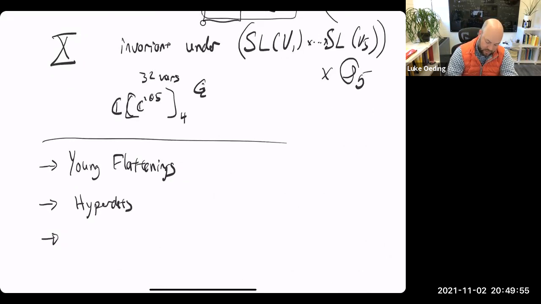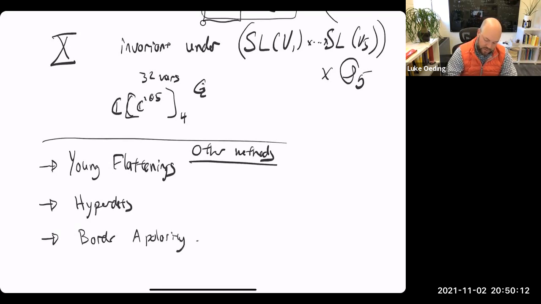There's other ways that you can compute Young flattenings, and there's this other method called border apolarity. There's many other methods that you could try to consider. But again, the advantage that this method has is that you know that you've got everything in low degree.